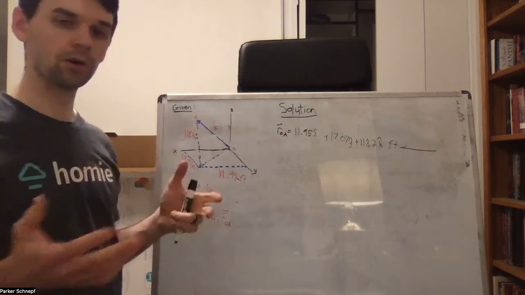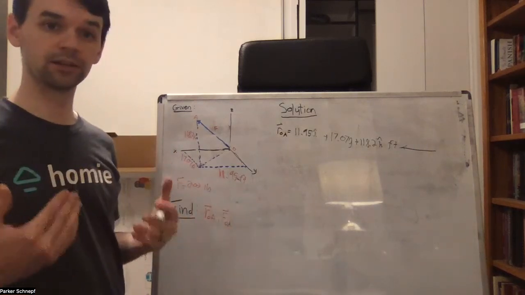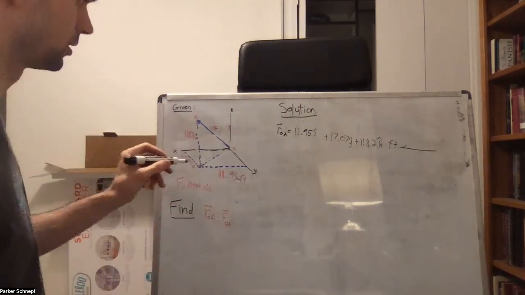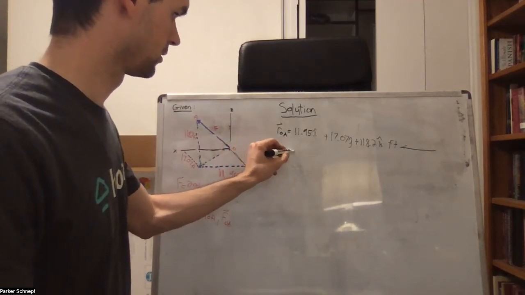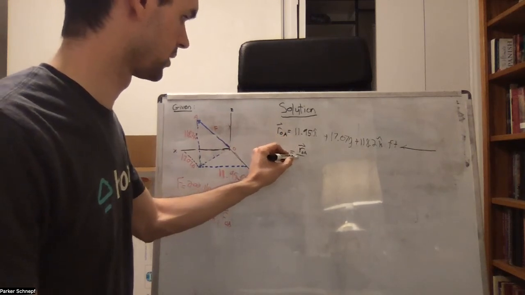We know that for a unit vector, you can take any vector divided by its own magnitude to get the unit vector for that direction. So all we have to do to get the unit vector from O to A is take that position vector O to A divided by its own magnitude.